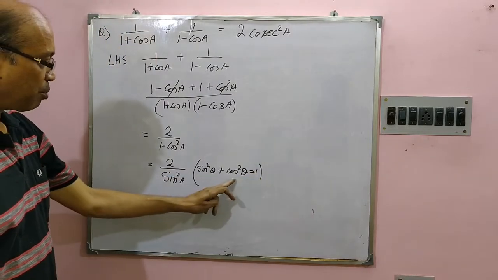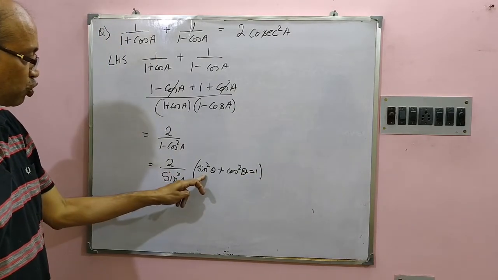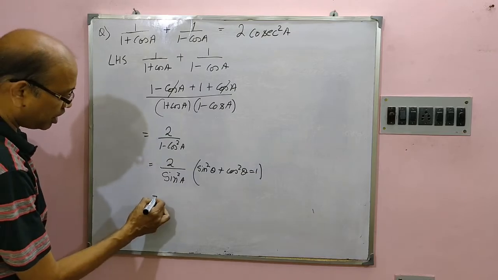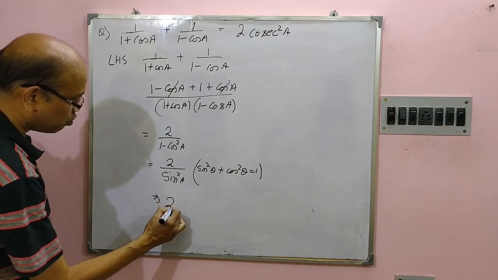Therefore 1 minus cos square theta is sine square theta. Clear?